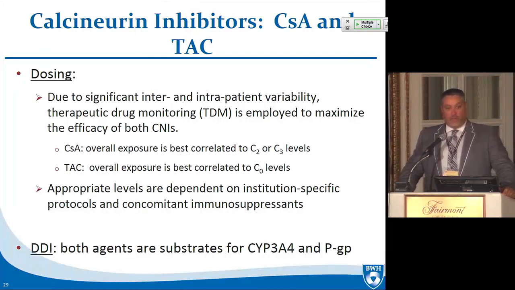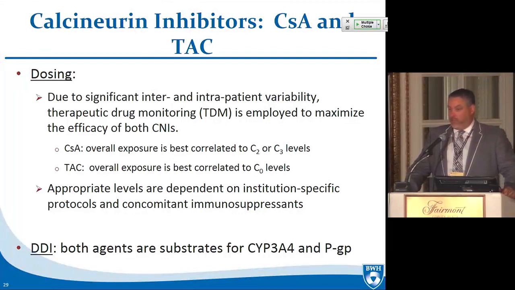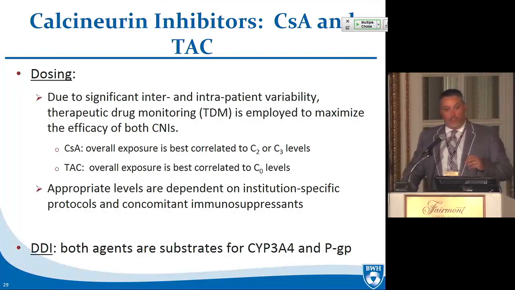So that's why some centers have begun or have used a C2 or a C3 level, which is a level drawn 2 to 3 hours after the administration of the drug. A C2 or a C3 has about an 85% approximation with the AUC. The problem is with a C2 or a C3 level, you need to draw the level at 2 hours or 3 hours plus or minus 15 minutes.